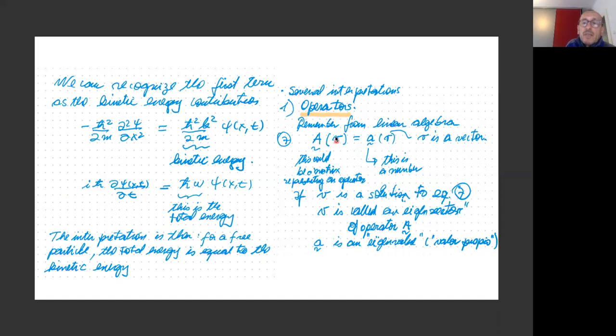You want to find the vector B that solves this equation, and you want to find the values that solve this equation. These values are the eigenvalues of matrix A, and the vectors are the eigenvectors of the same matrix.